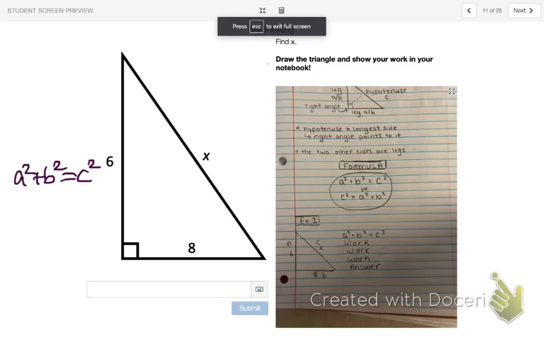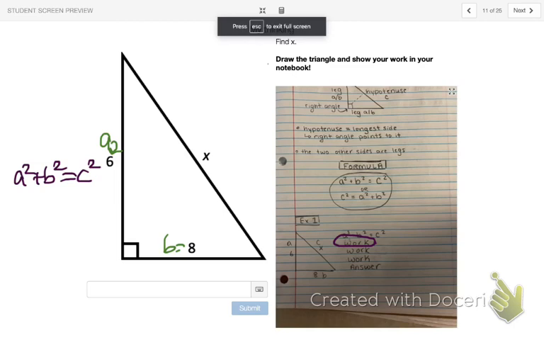Now the first part of my work is going to be substituting in those values that I do know. I know that a equals 6 and b equals 8. So that's what I'm going to substitute in.